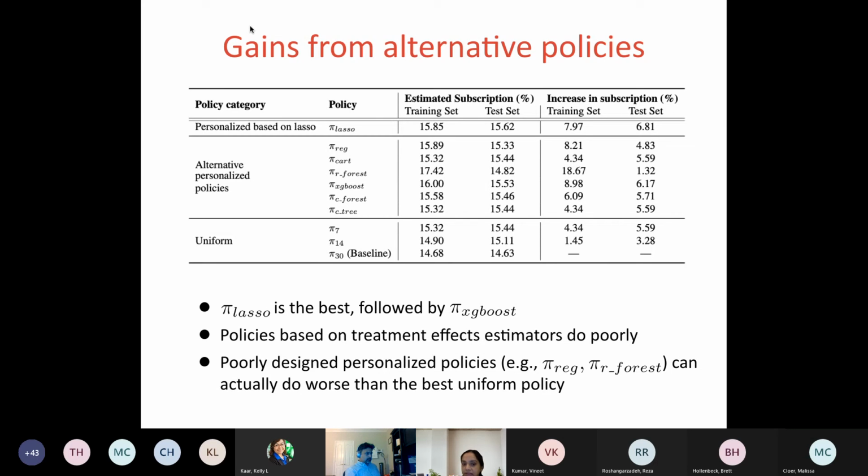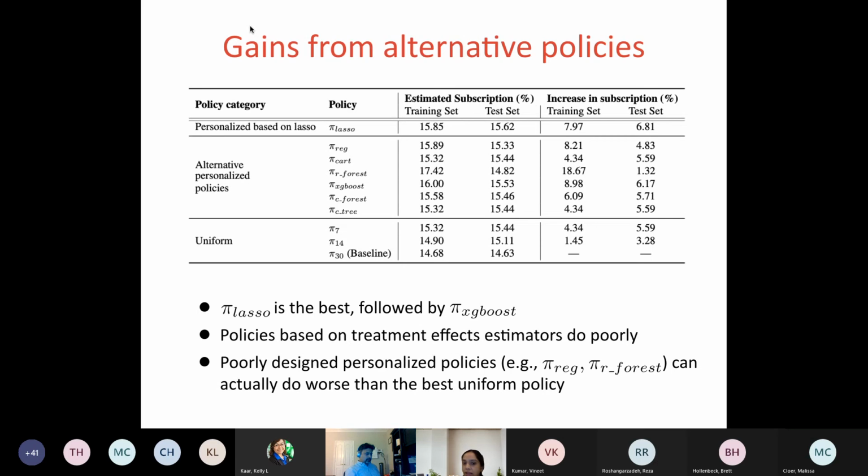What is really interesting here is that policies based on treatment effect estimators like causal tree and causal forest perform pretty poorly. I'll talk about why this happens in the next slide, but I think that's an important thing because we see a lot more marketing papers now using these methods to gain treatment effects, and then they often talk about some targeting based on that. What these results are saying is that designing targeting policies based on these methods is largely problematic and probably not worth it in most cases.